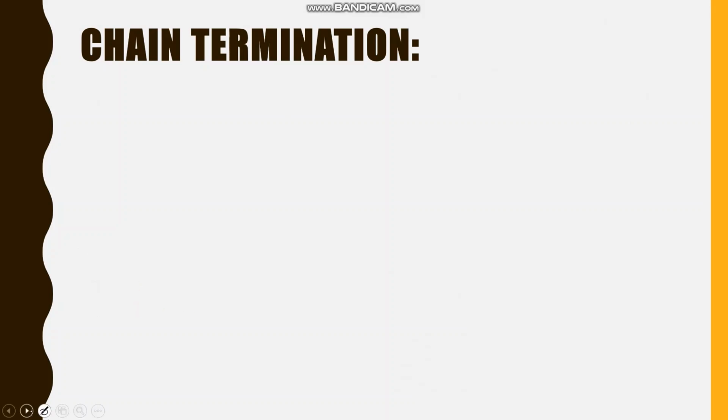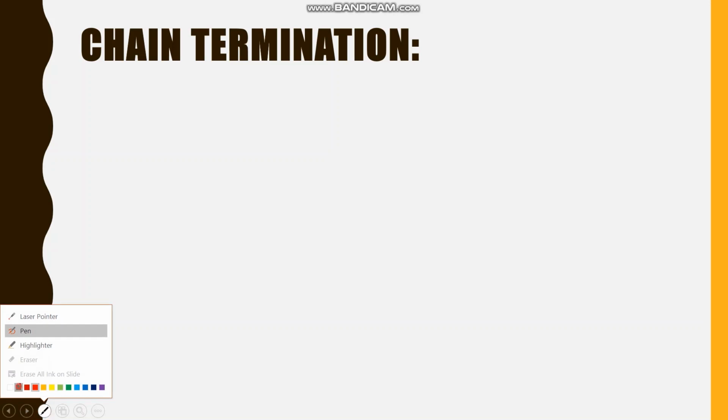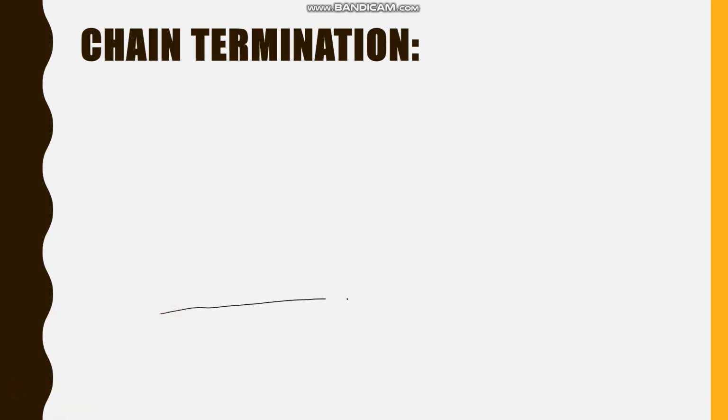Again, we need to draw the diagram here to explain. So this is the mRNA, and these are the nucleotides. 5' end, 3' end, AUG followed by UUU, CUG, and then we have written UAA, and some other nucleotides will be there.